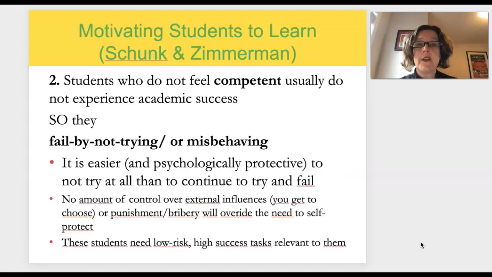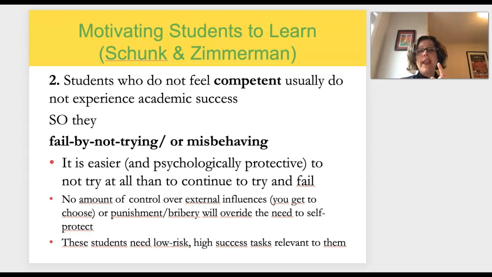Students who do not feel competent, who do not feel like they are smart enough or have the cognitive ability, usually do not experience academic success, right? So think about school for a kid who feels like they're dumb. It's rough. It's a rough time.